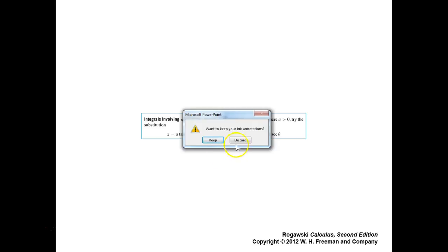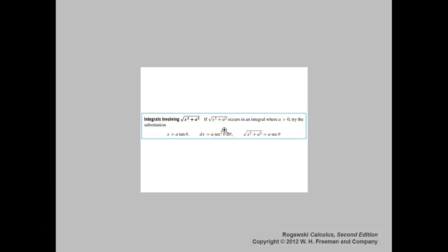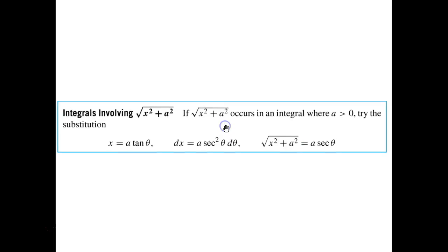I think I'm going to have to start over. Sorry about this. I hit the wrong button. Okay. Is that where we are? Yeah. Okay. I was trying to zoom in. Yeah, this is the next thing we're going to do.